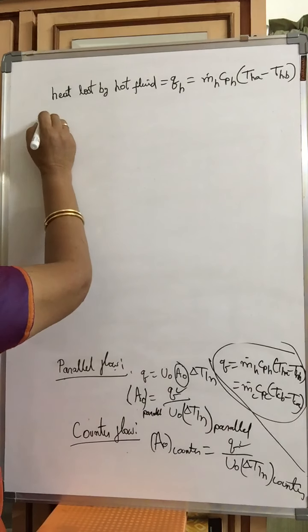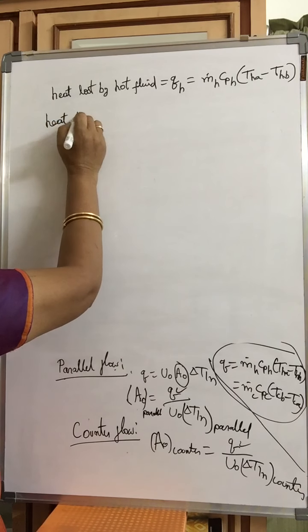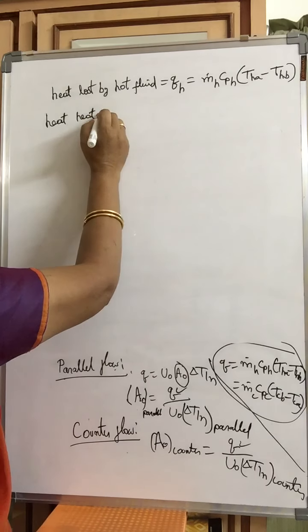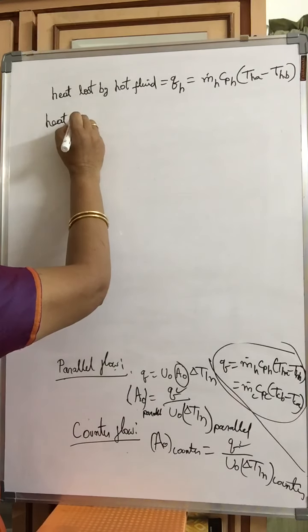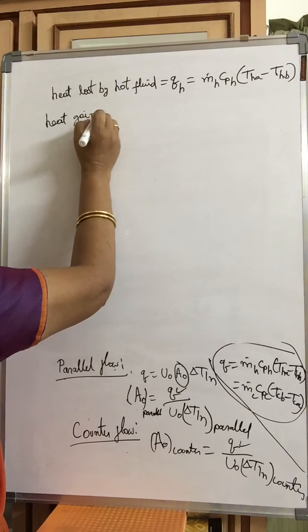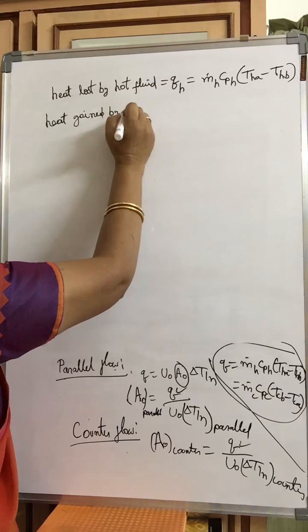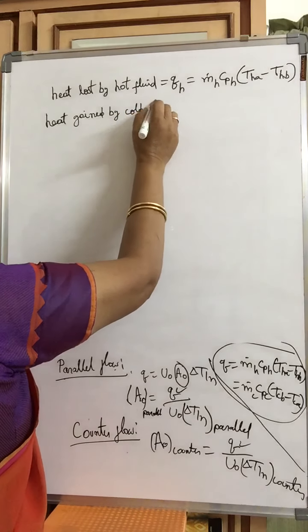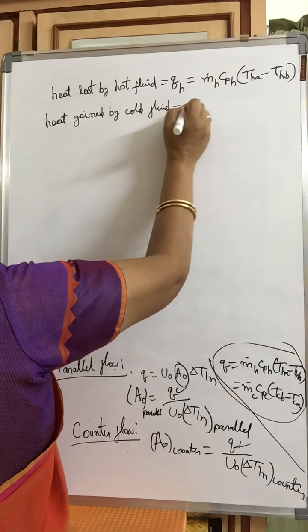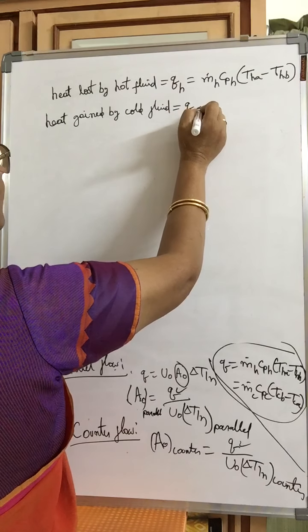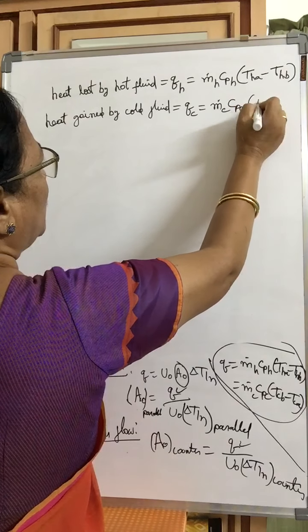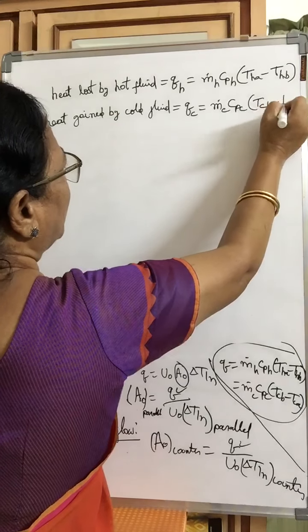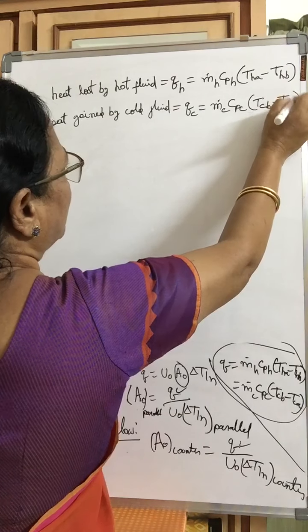So heat gained by cold fluid equals QC is equal to m dot C CPC into TCB minus TCA.